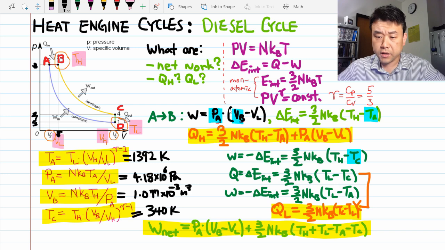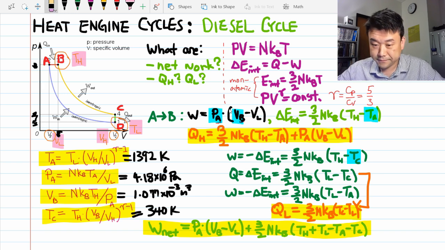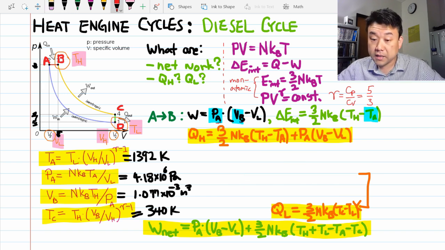So this is all the numbers we need to calculate the heat transfers and the work done. Let's just go down the screen. Let me free up some space. So the heat input is, plugging in all these numbers, 3/2 NK times the difference of the temperatures, plus PA times the difference of the volumes. I get 806 joules.